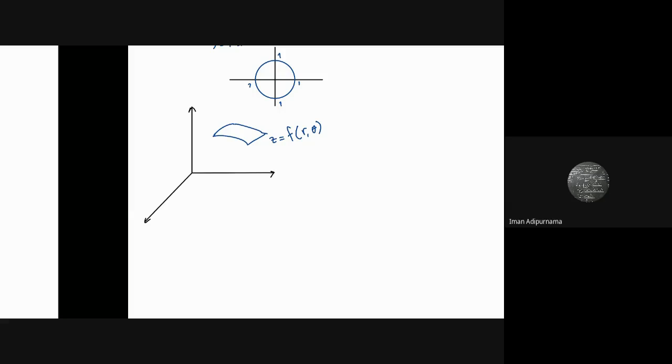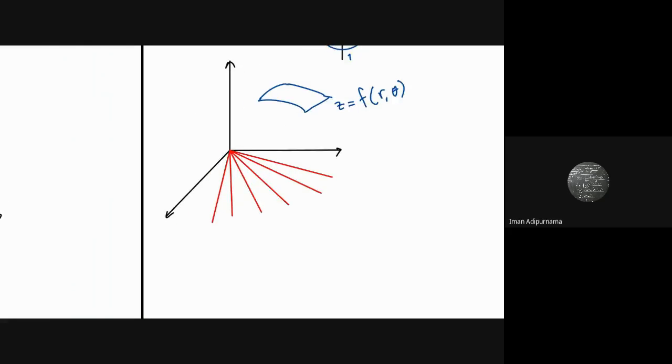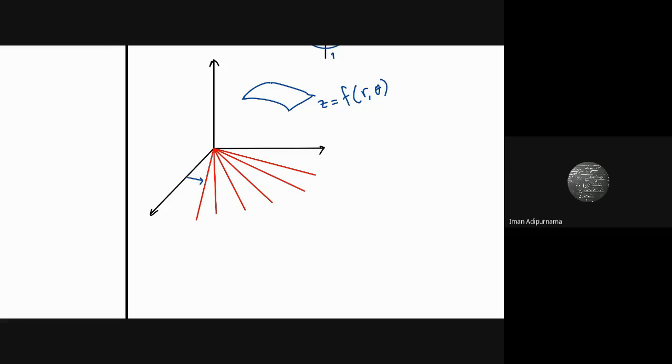And we have this polar approach here. So let's say this is theta equal alpha until the last theta here, theta equal beta.